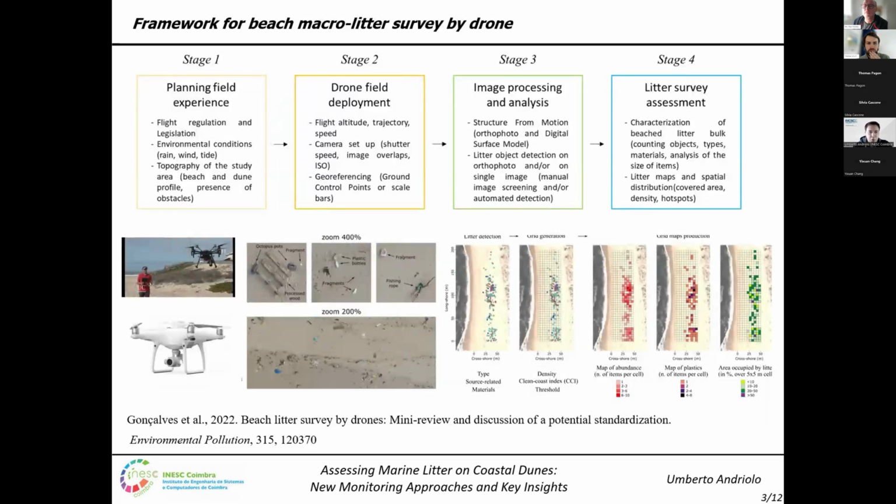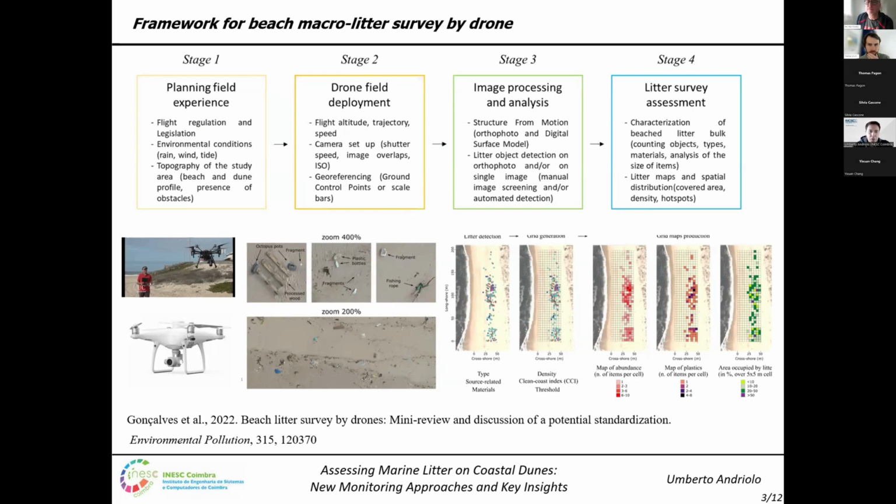The first works that applied drones to survey marine litter and to overcome the traditional survey limitations are from 2018.